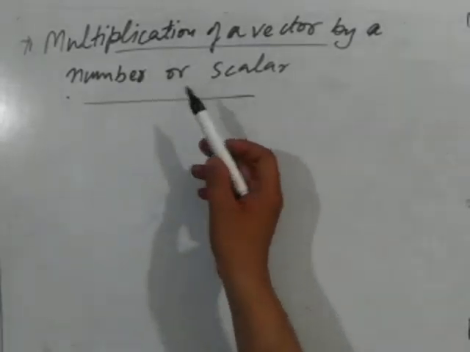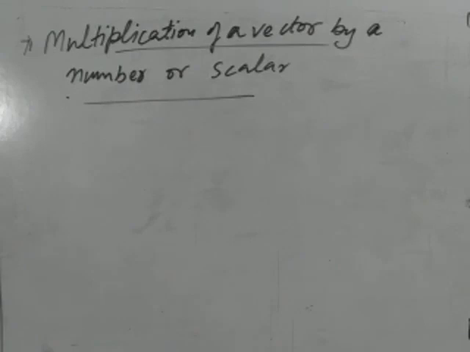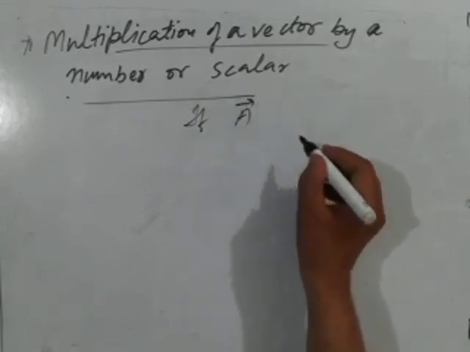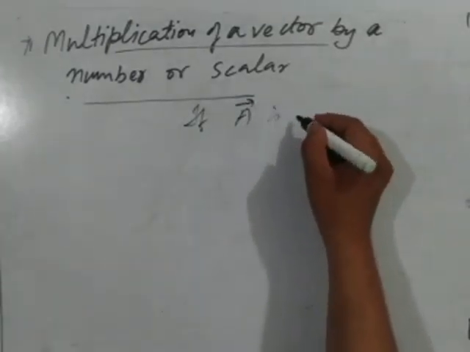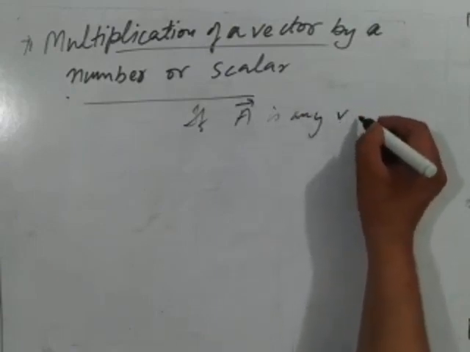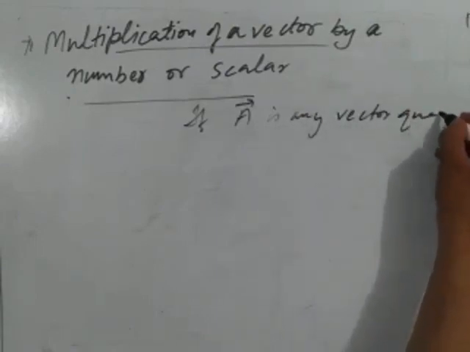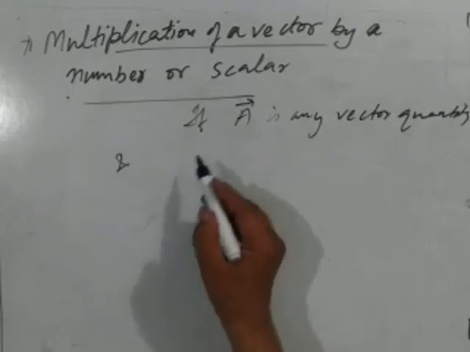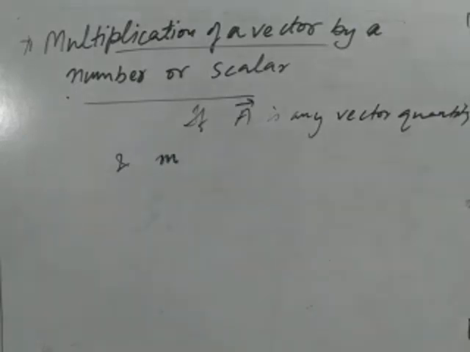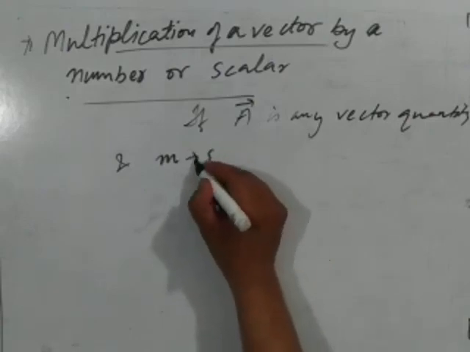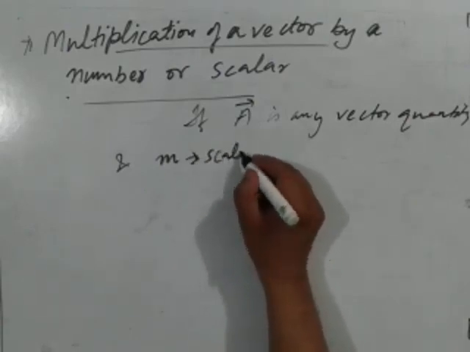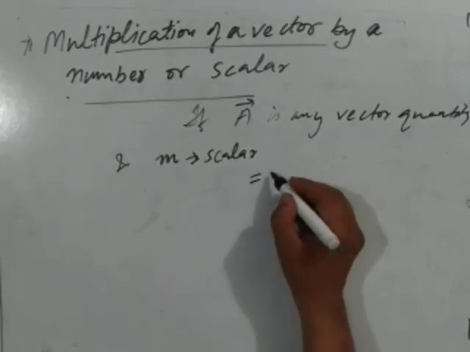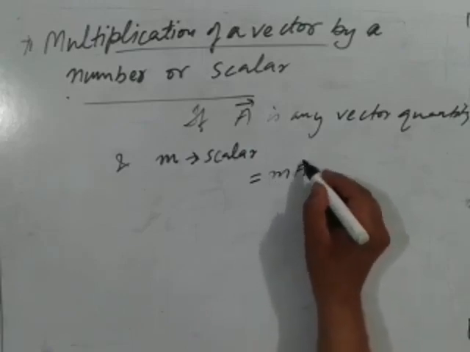Next we will do multiplication of a vector by a number or a scalar. So if A is any vector quantity, and we multiply it by a scalar, say m is any scalar quantity or a number, then the product will become m times the vector quantity.